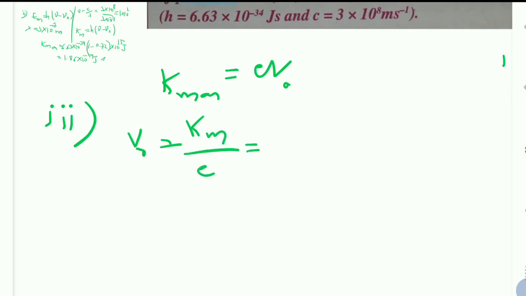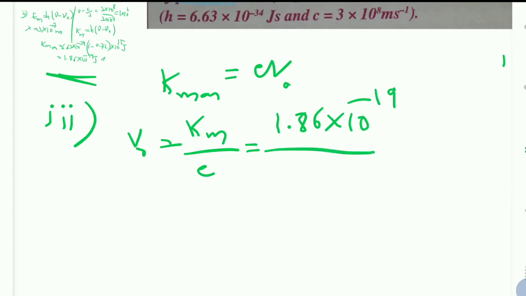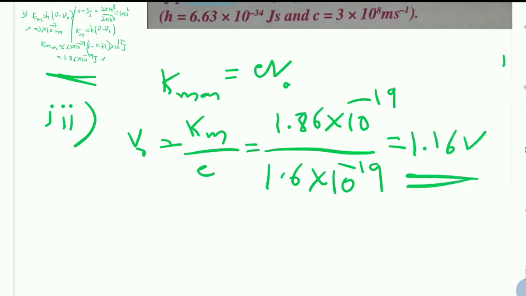Here K maximum is 1.86 into 10 to the power of minus 19 joules, and e is 1.6 into 10 to the power of minus 19. After solving, we get 1.16 volts. This is the stopping potential.